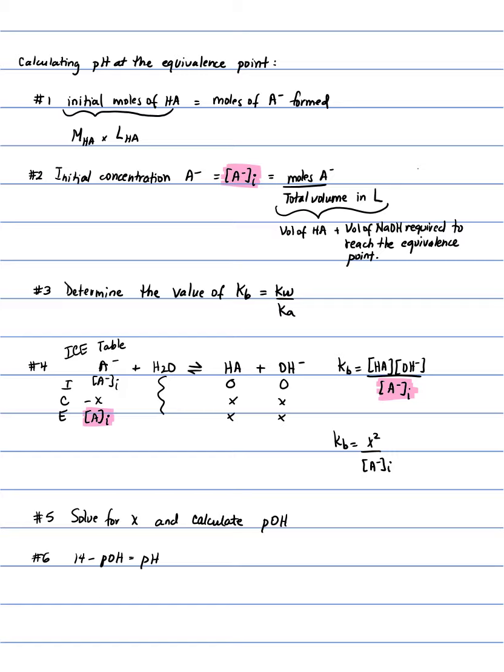You're solving for X because you have a number for Kb, and you have a number for the initial concentration of the conjugate base in your Erlenmeyer flask at the equivalence point. The value of X is telling you the concentration of hydroxide in your reaction. With the concentration of hydroxide, what you can calculate is the pOH. So you're solving your ICE table to get how much is X, so you can get the pOH, and then with that value you can calculate the pH.